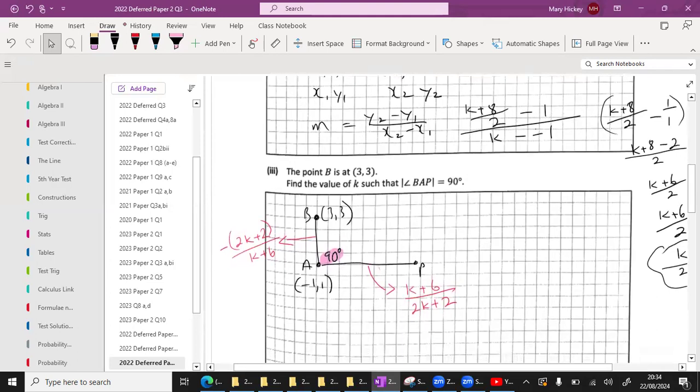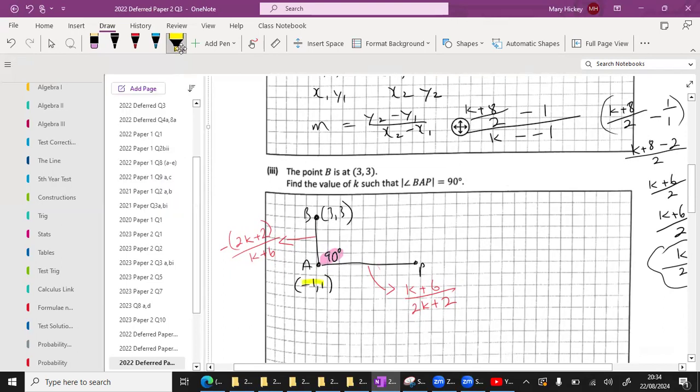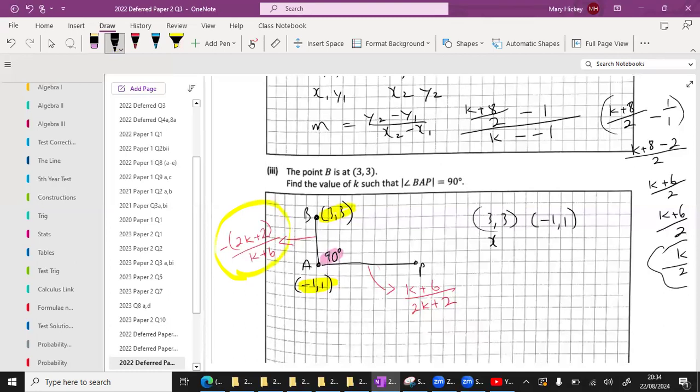Now, you might say, well, that doesn't bring me any closer to finding k. Well, it does, in fact, because when I look at A and B, I do have coordinates that allow me to find the slope. So if I use the two yellow points to find the slope, can't I then let that equal what I have over here representing the slope? So that's what I'm going to do. (3, 3), (minus 1, 1), x1, y1, x2, y2.